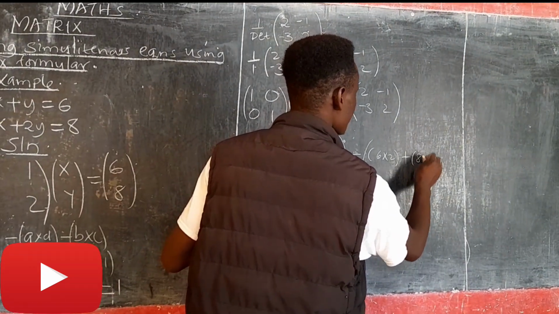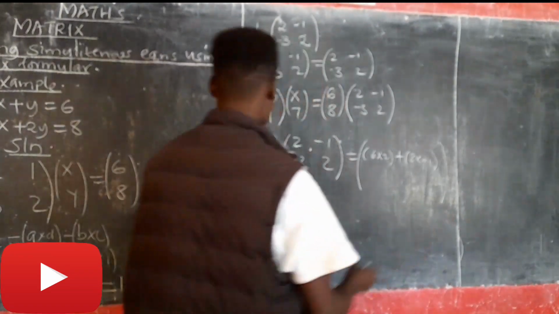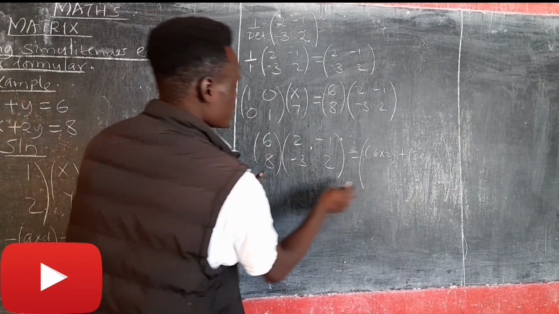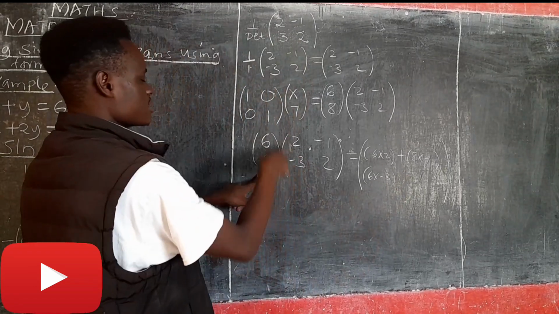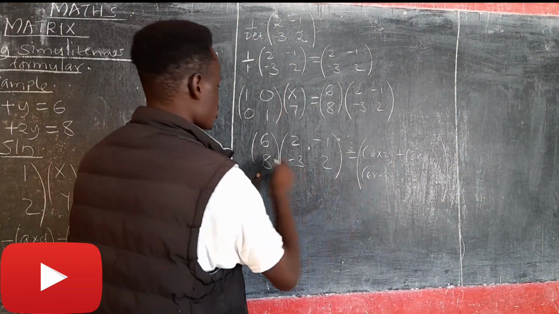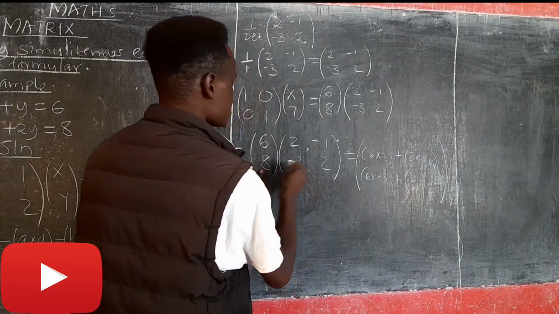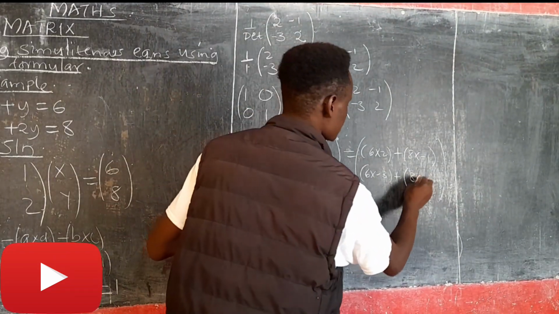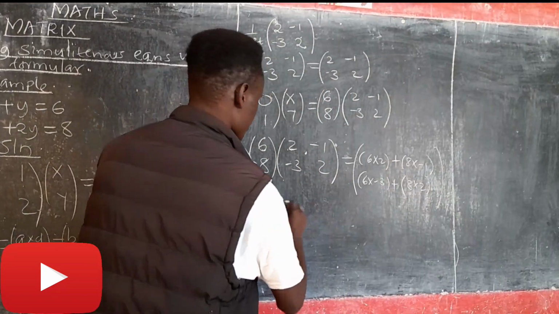Then the other one, it is 6 times negative 3 plus 8 times 2. So you can get the resultant of that.